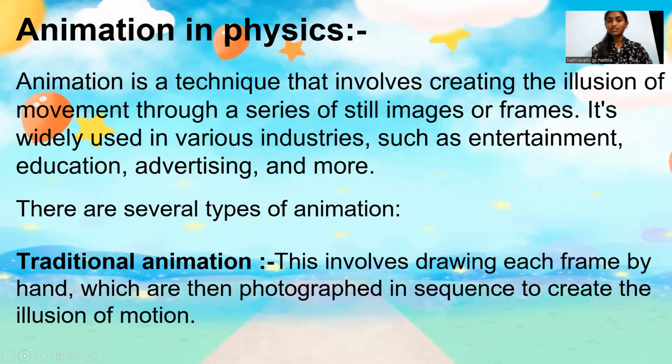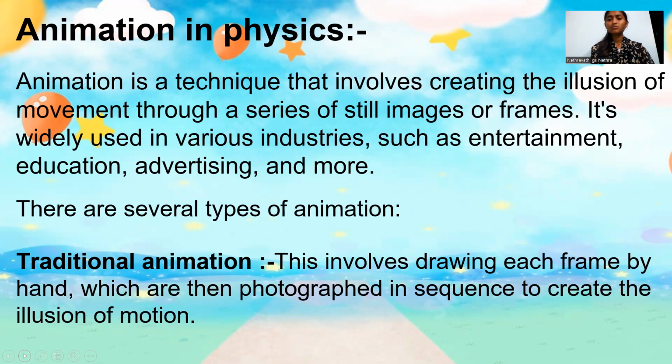My major topic is animation in physics. Let us discuss what animation is. It is the technique that involves creating the illusion of movement through a series of still images or frames. It's widely used in various industries such as entertainment, education, advertising, and more, which means it is a process of creating an illusion of movement of images or videos, frame by frame or slide by slide.